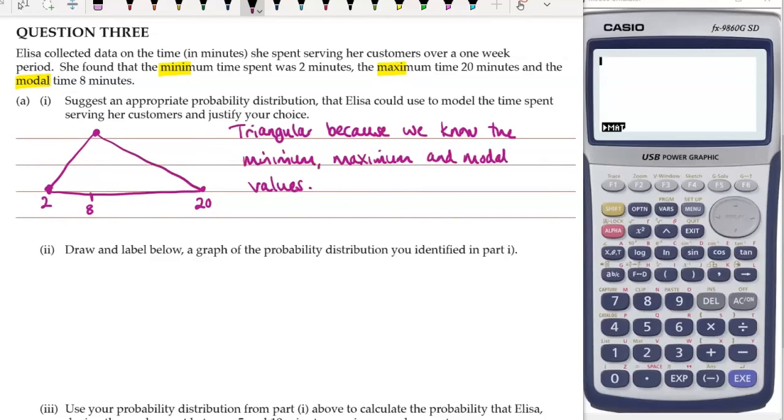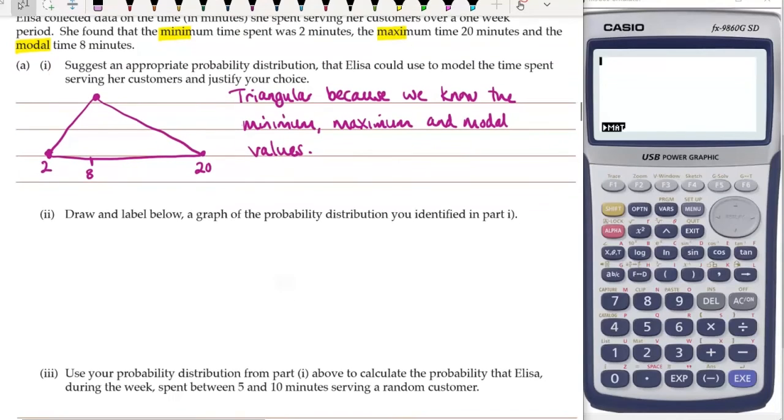So it's triangular because we know the minimum, maximum, and modal values. Now I have skipped ahead of myself just a little bit and drawn the picture already when it asks for it down here. So let's just pop that back in again. We have a terrible triangle from me. There we go. A little bit better now. We've got the peak at 8 and the minimum, maximum at 2 and 20.